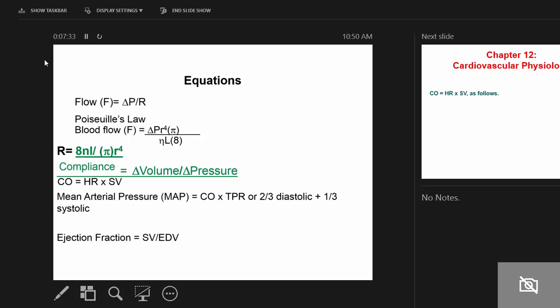And your heart spends 2/3 or 66% of the time resting, and 1/3 or 33% of the time actively pumping. And that's why you get those numbers. They're not magic. You spend most of your time at rest with your heart. Okay? So that's where they came up with those numbers.